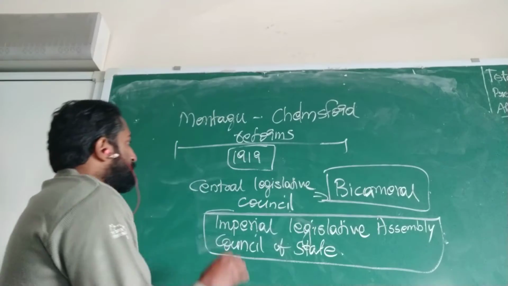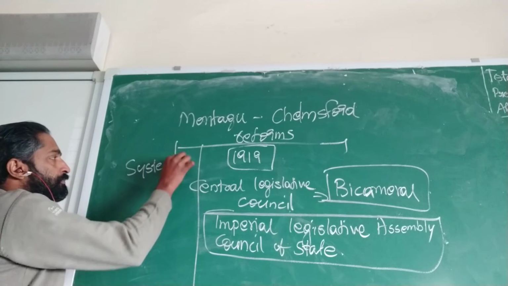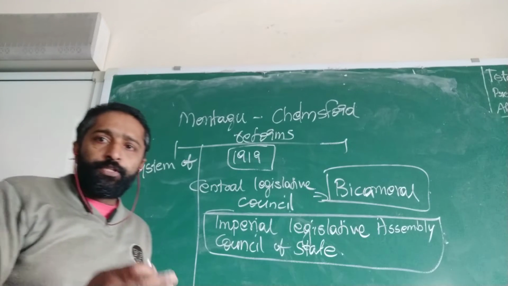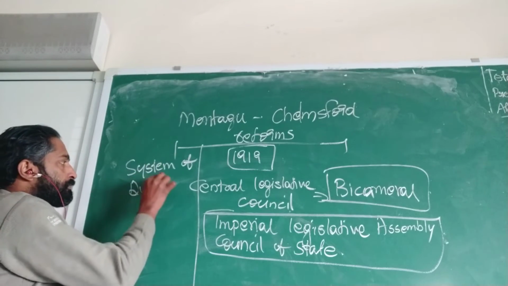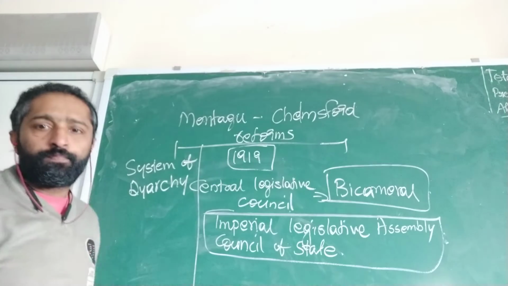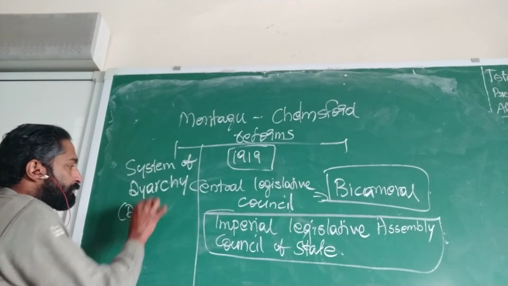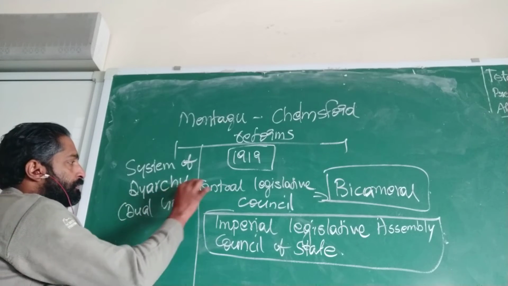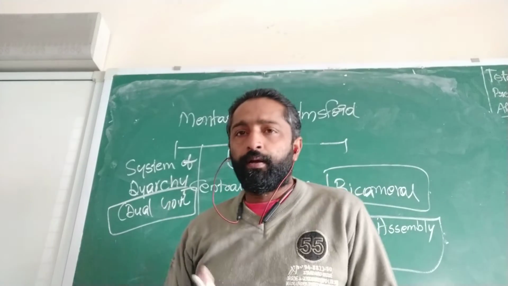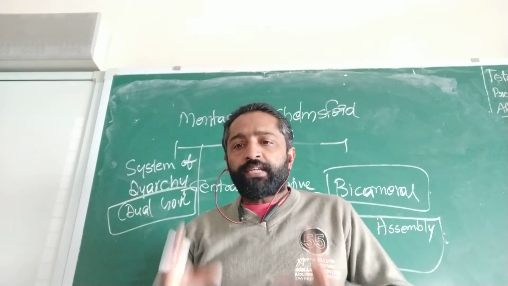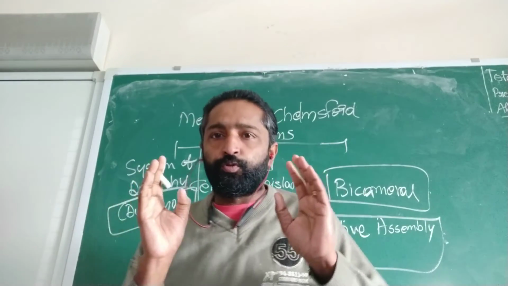And the second one is the system of diarchy, which means dual government. Now the subjects related to the states were divided into two.